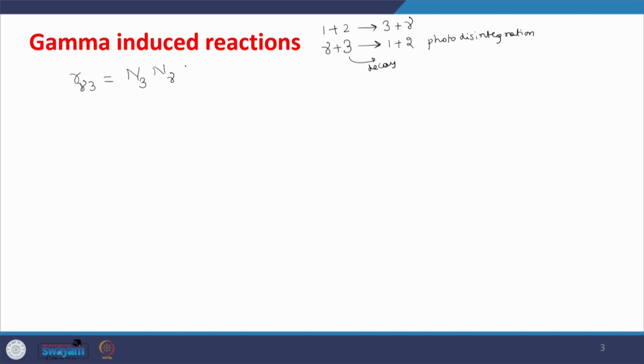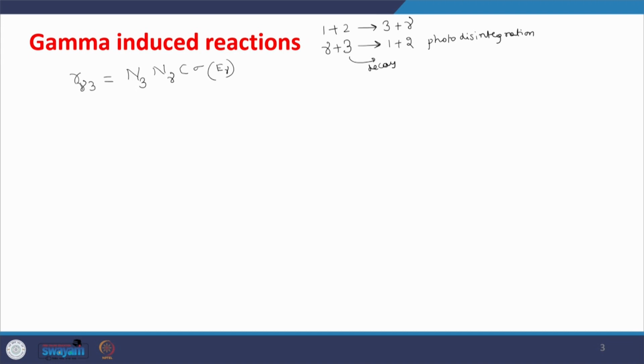The velocity of light, right. So I am replacing v with c, and sigma is a function of the energy of the gamma. This is the general and fundamental expression for the reaction rate when two entities are involved as part of the nuclear reaction. Now, because one of the species is a gamma ray, the velocity has to be represented as c.